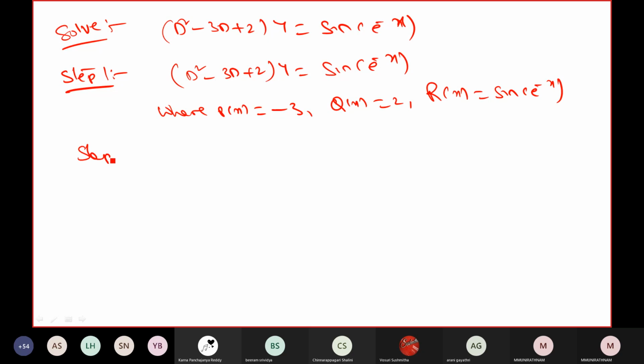Now coming to step 2. What is step 2 for us? Finding CF. Consider the homogeneous part.